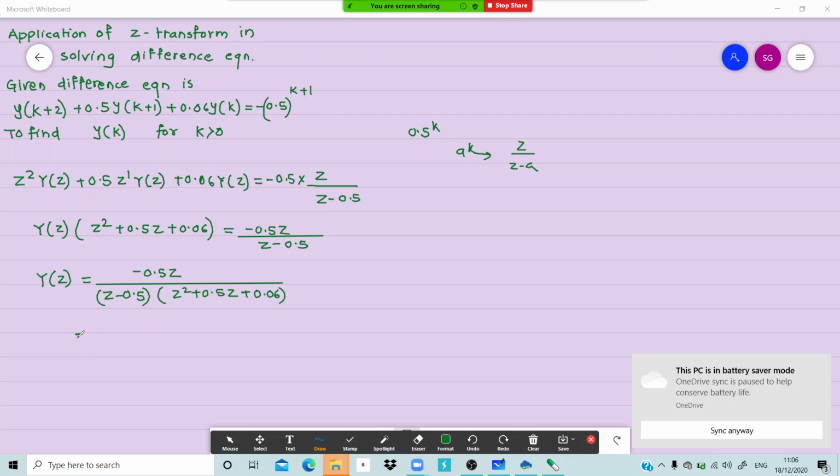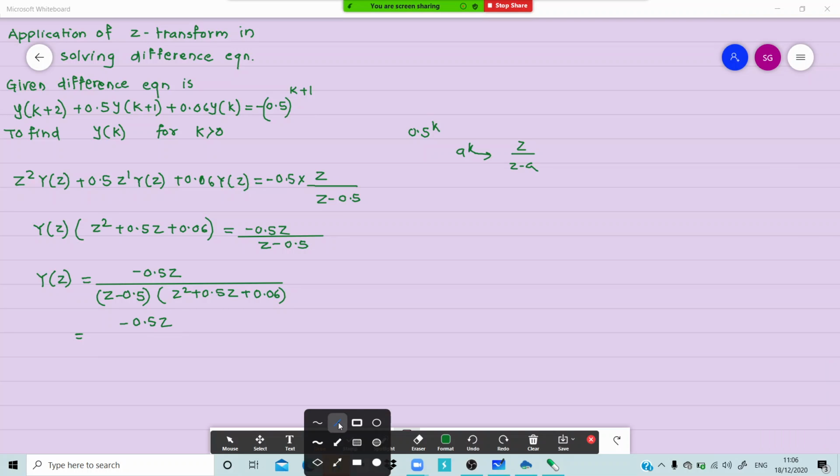Okay, so I'll write minus 0.5 z upon z minus 0.5, and factors of this will be z plus 0.2, z plus 0.3. Okay, so now we want to go by partial fraction.